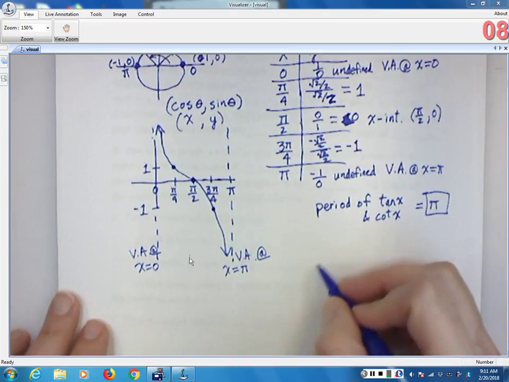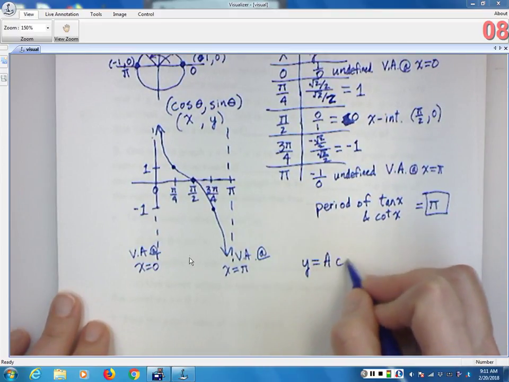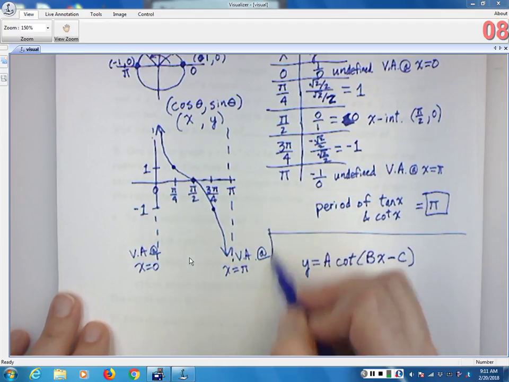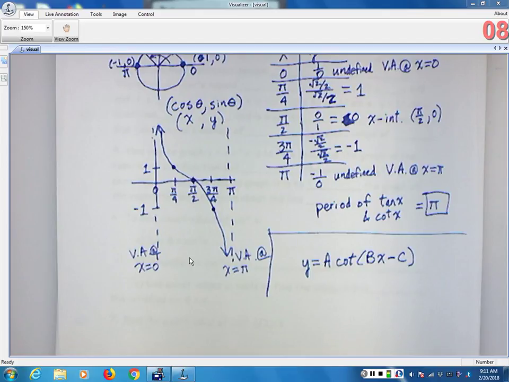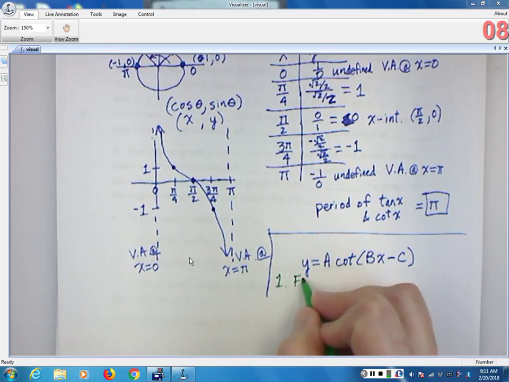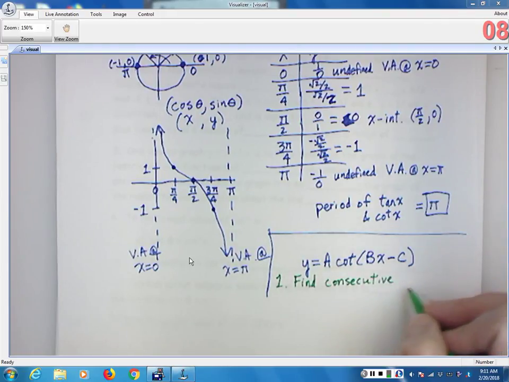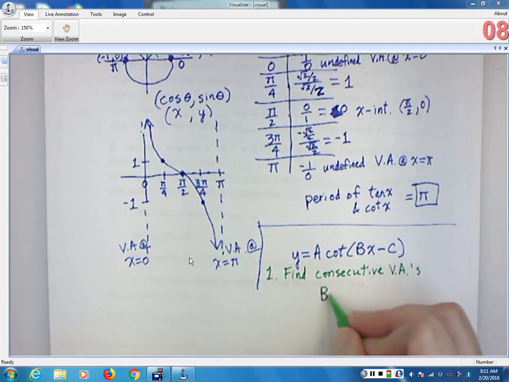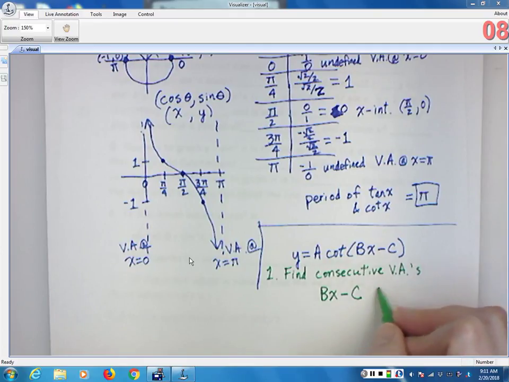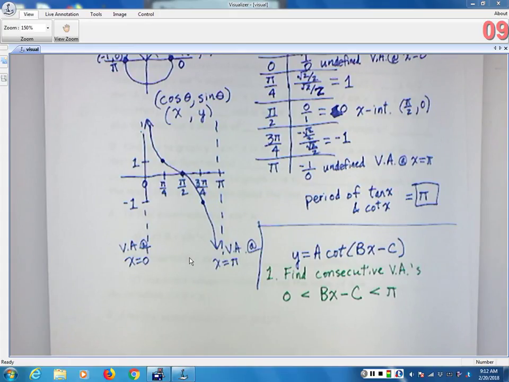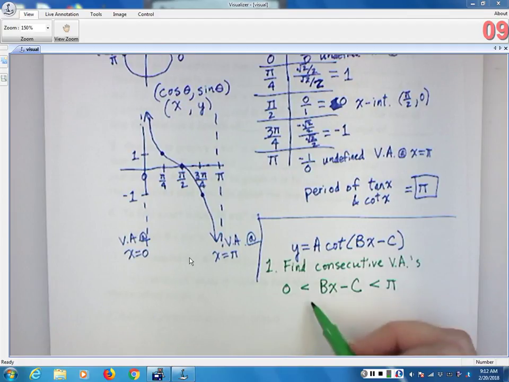If y equals a cotangent of bx minus c, you find your two consecutive vertical asymptotes, VAs, by taking 0 less than bx minus c less than pi. You solve that for x.